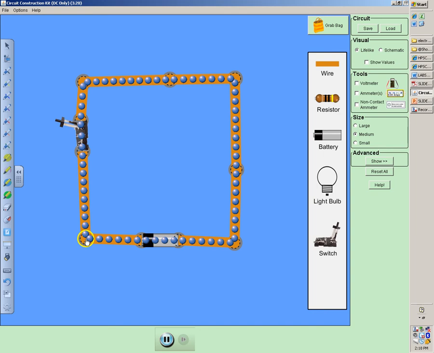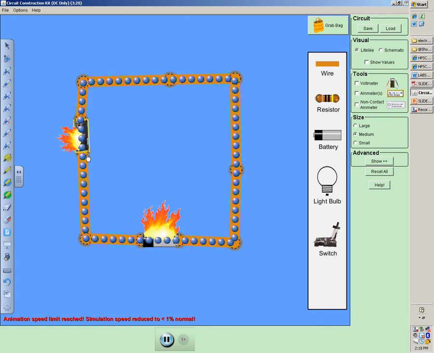So the electrons can flow through the circuit from where to where? From the battery all the way through to the other end. Which side of the battery? The negative to the positive, because electrons being negatively charged are going to move away from the negative side towards the positive side. In this case, do they have the ability to do that just yet? No, because of the switch, right? But if I close the switch, there it goes. They caught on fire.